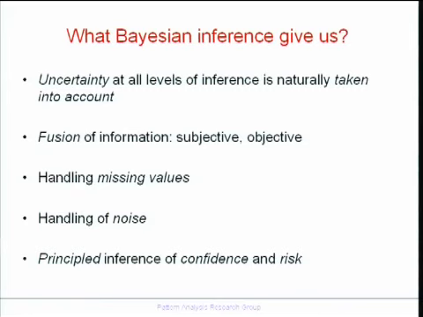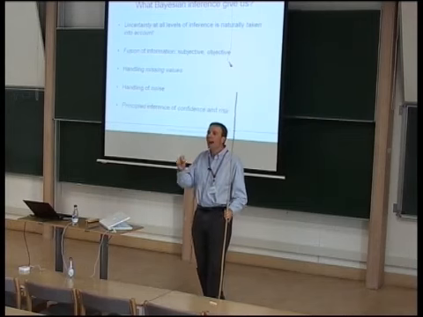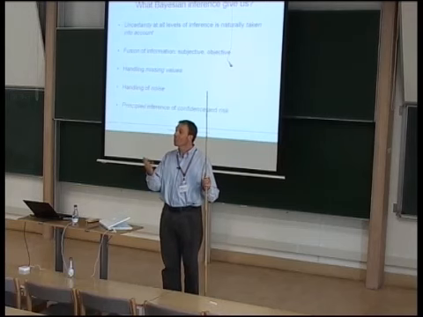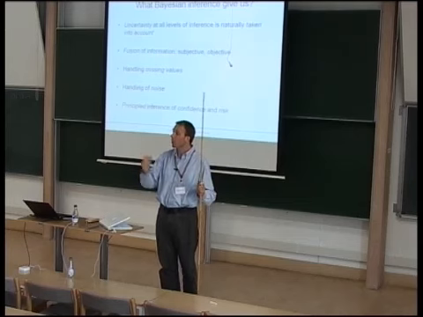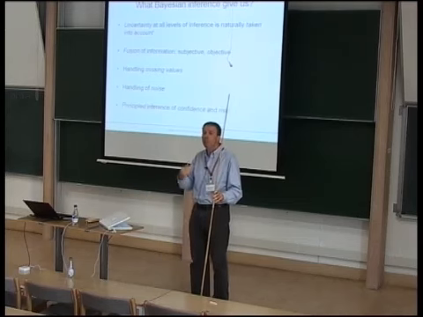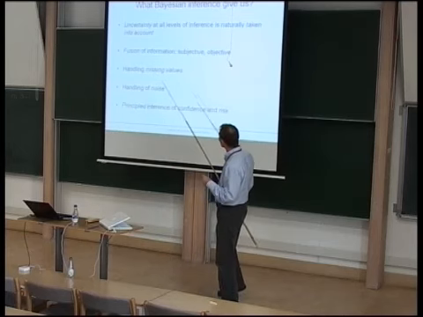Also, we have the idea we can fuse information, subjective and objective. One common theme of several talks over the last day has been the notion that if we do have physical knowledge, such as in the last talk about the way different sensors gate information and affect one another, that is subjective domain, deep domain knowledge we ought to be able to inject into things.